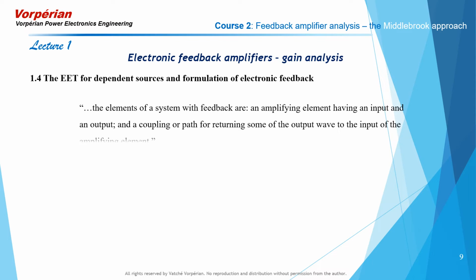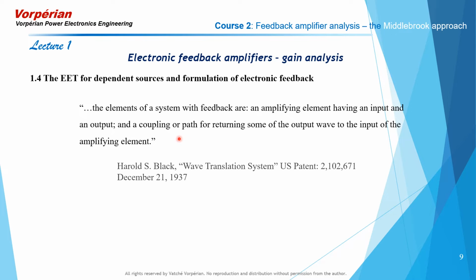In his patent application, Black wrote, "The elements of a system with feedback are an amplifying element having an input and an output, and a coupling or path for returning some of the output wave to the input of the amplifying element." The key words here are an amplifying element and a return path from the output back to the input.